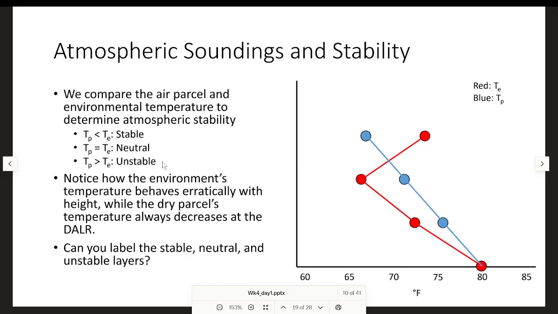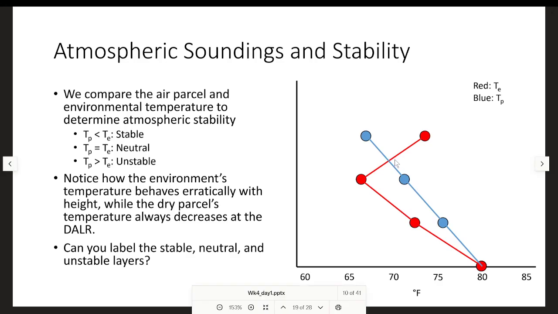So when the parcel temperature is less than the environmental temperature, it is stable. When the parcel temperature is equal, it's neutral. And when the parcel temperature is greater than the environment temperature, it is unstable. So honestly, if the blue line here on the right, this parcel, is to the right of the temperature line, it's unstable.